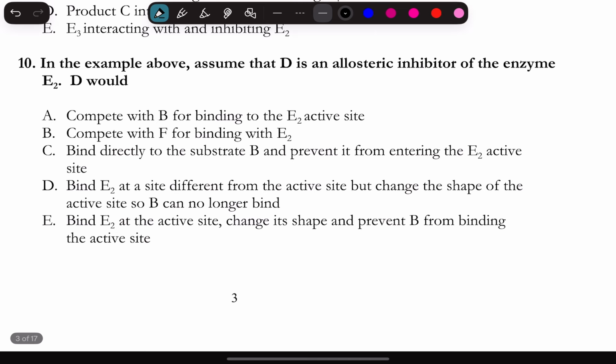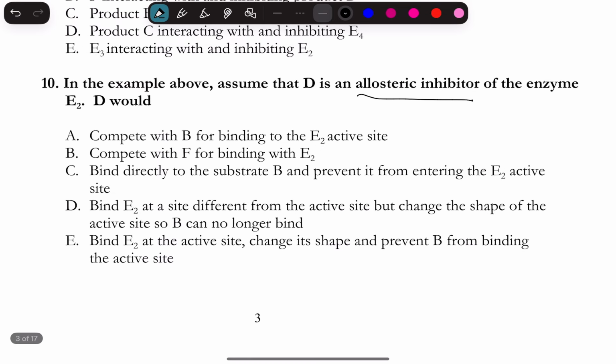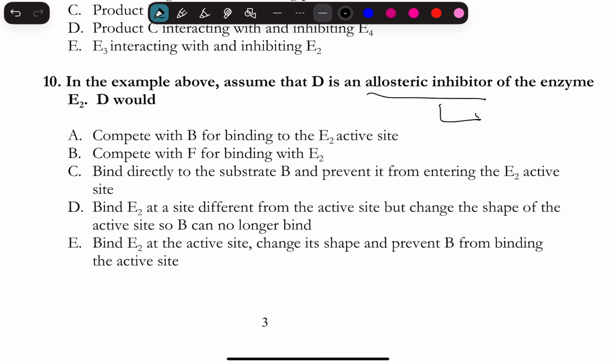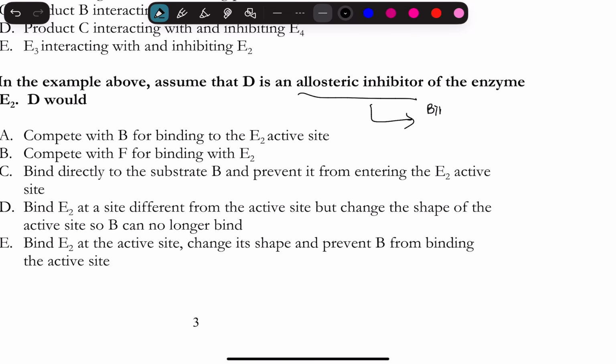In the example above, assume that D is an allosteric inhibitor of the enzyme E2. Then D would, okay. Well, what allosteric inhibitors do, they bind away from the active site.